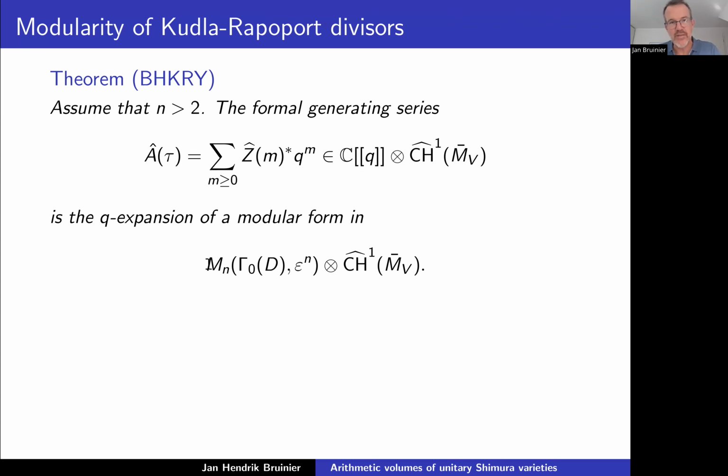So it's an elliptic modular form of level D, so level gamma 0 D, with quadratic character epsilon to the n. So if n is odd, then non-trivial character. If n is even, then trivial character. And it takes values in the first arithmetic Chow group. And what do we mean by that?